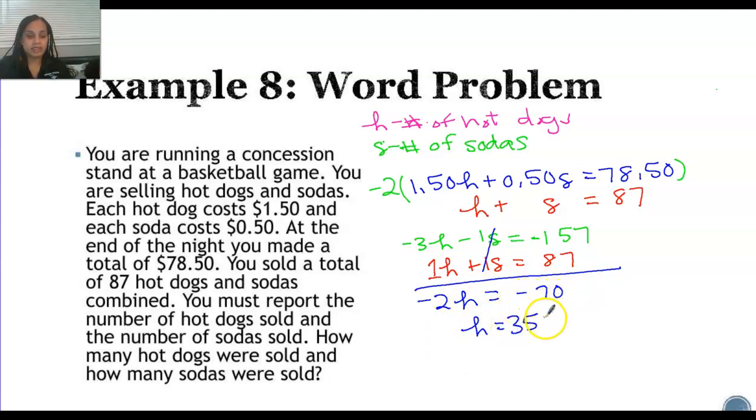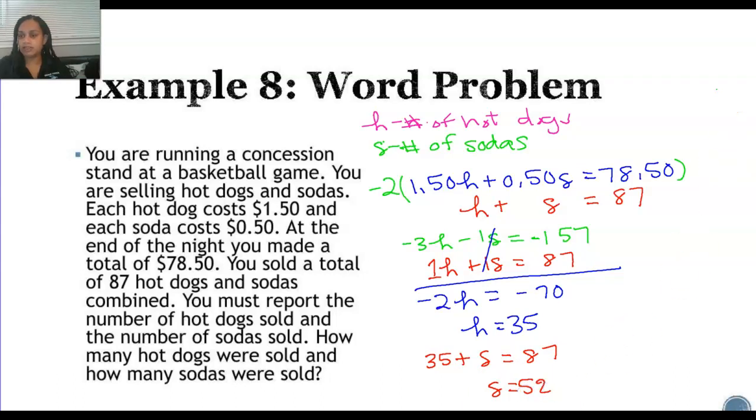So think about what that means in the context of your word problem: you sold 35 hot dogs. So how would I figure out the number of sodas? Plug it back into one of these original equations. I think it's a little bit easier to plug into the red one here. I'm going to say 35 plus S equals 87. So of course just subtract 35 from both sides and I would get 52 sodas.